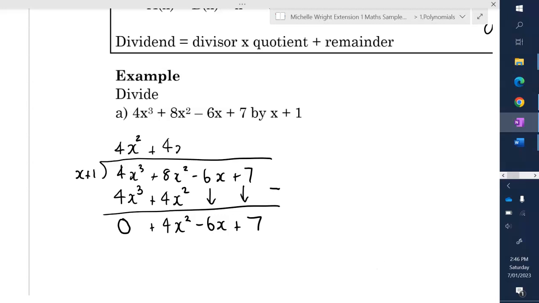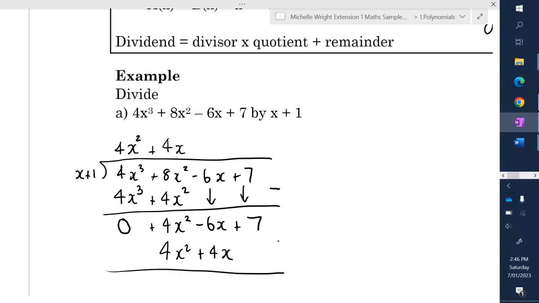So if I pop in a 4x, 4x times x gives me 4x squared. So I don't need this part up here anymore. I'm now working below that line. So 4x times x gives me 4x squared, but I have a plus 1. So 4x times plus 1 needs to be multiplied out as well.